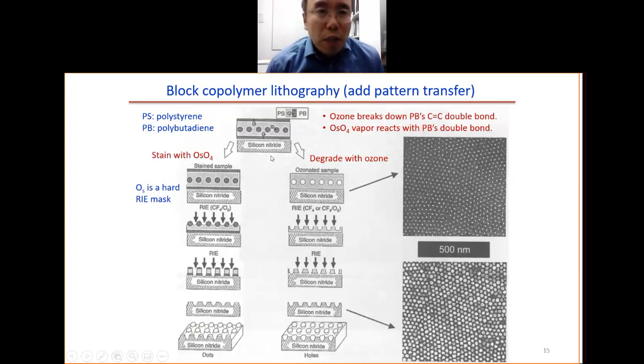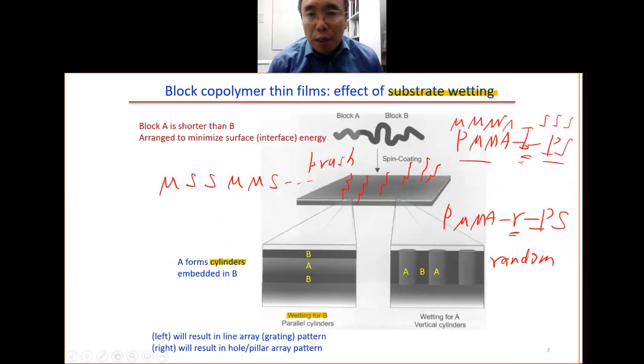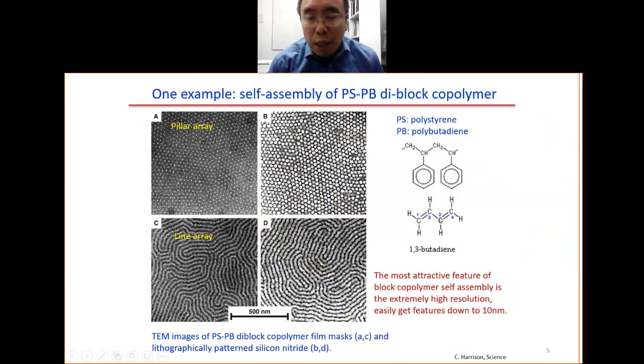This is block copolymer lithography. The first example is polystyrene-block-polybutadiene. In this case, there are two ways for the pattern transfer. We can use ozone. The ozone will break down the polybutadiene's carbon-carbon double bond. This is the copolymer here. This is polybutadiene.